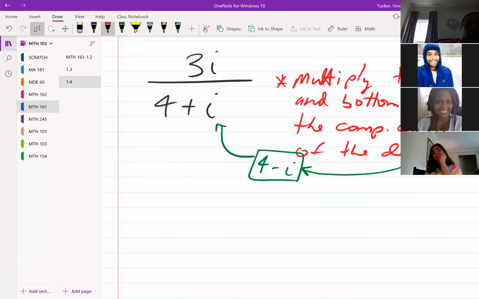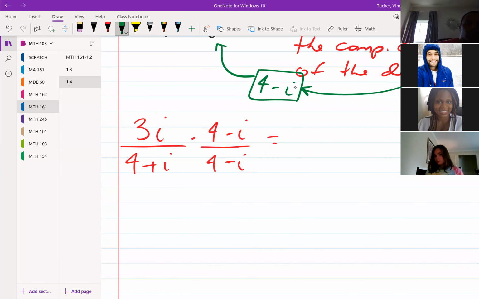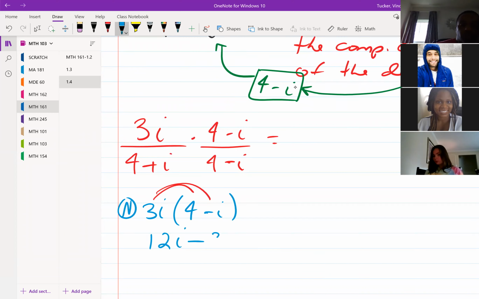All right. Write it like this. So multiply the numerator by 4 minus i, distributing to your two terms, and that'll be 12i minus 3i squared.